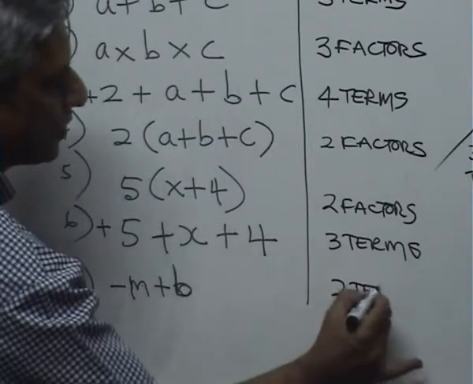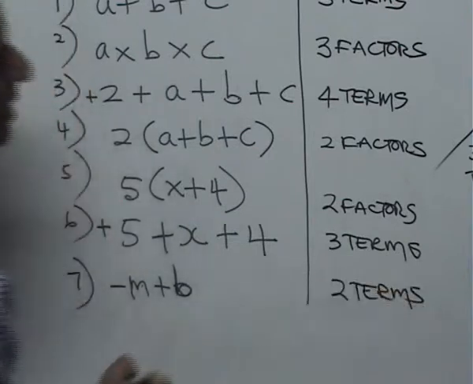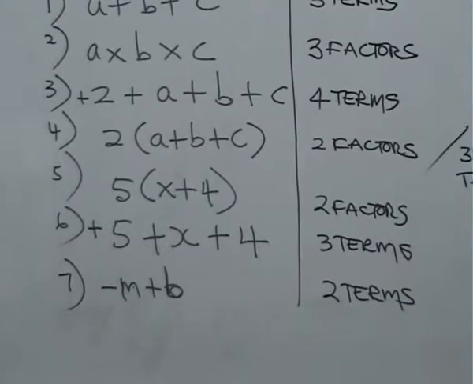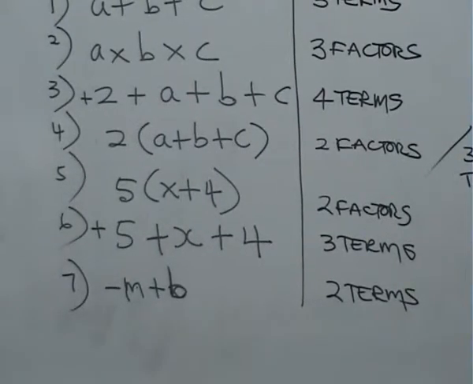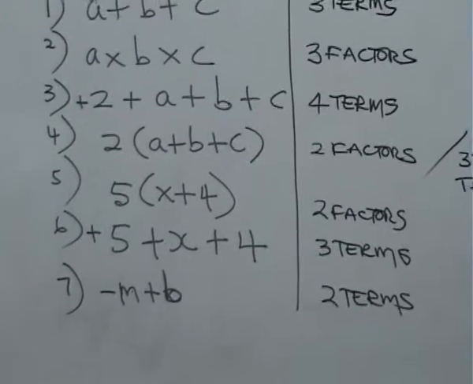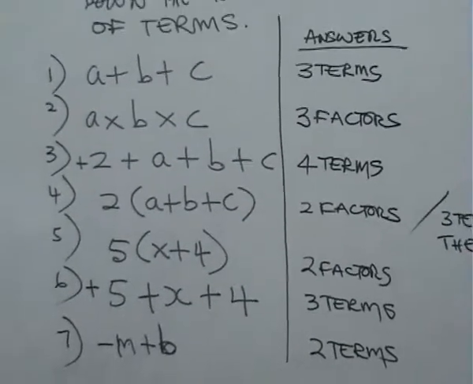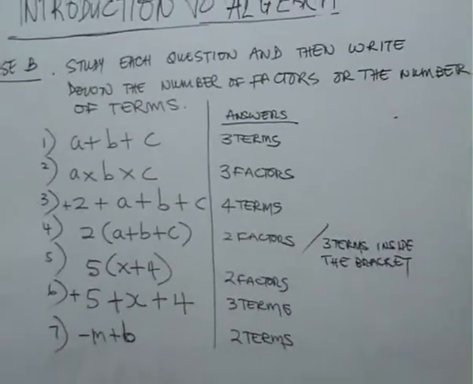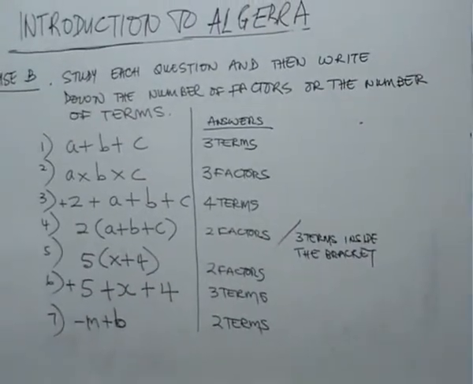So you have 2 terms. So you must be able to distinguish between terms and factors. Remember, terms are separated by plus or minus signs, and factors are separated by multiplication or division signs.